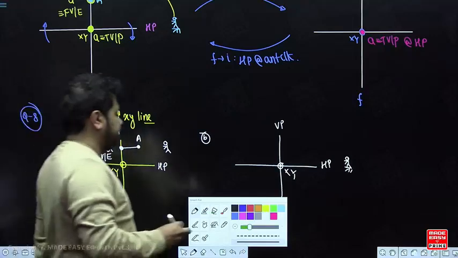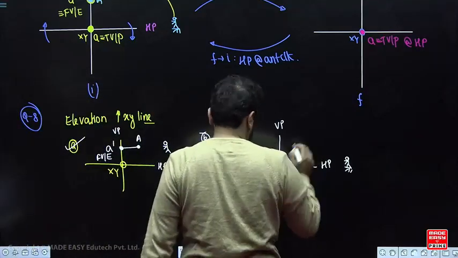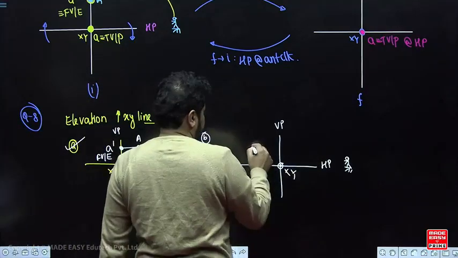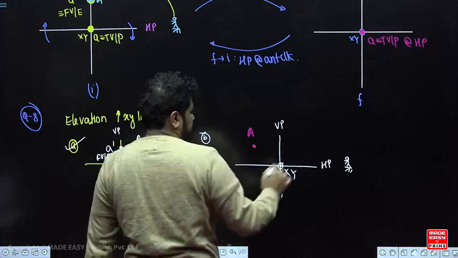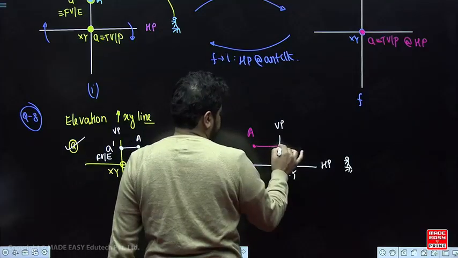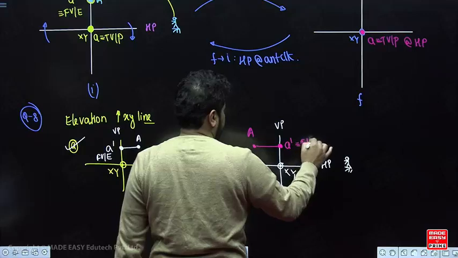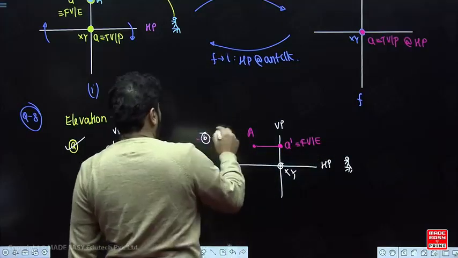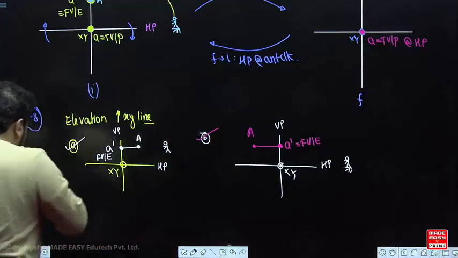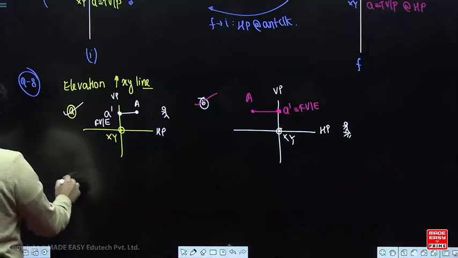So when the point is in second quadrant, from the front where will it be seen? A dash. Front view or elevation. Is it above xy? Yes, it is above xy.